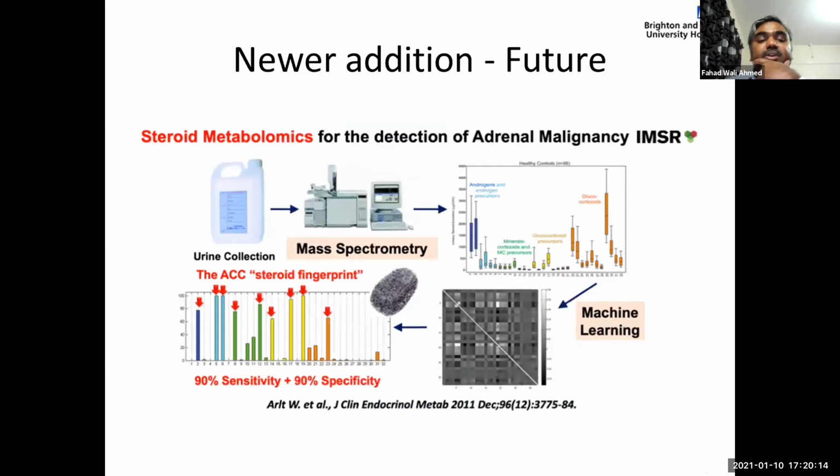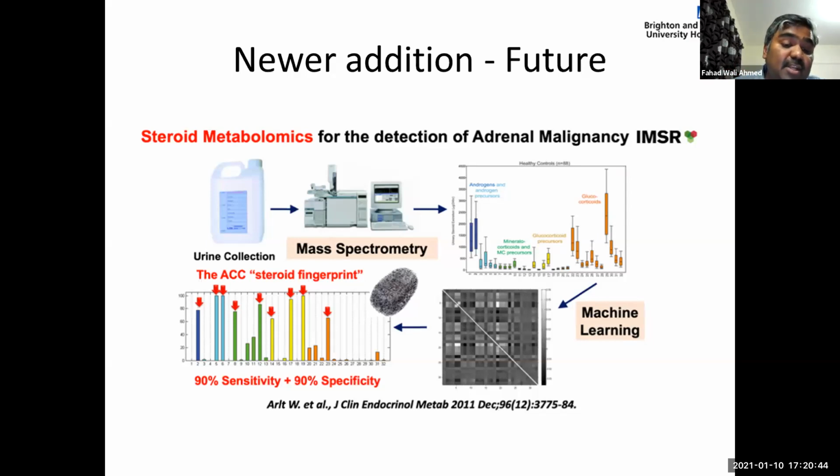I think this is quite an interesting new development which we have started using. This is a urinary steroid profile, and basically this uses mass spectrometry technology, where it assesses the urine adrenal metabolites, and it uses machine learning to basically have a fingerprint of the urinary steroids to say whether this is adrenal carcinoma or not.